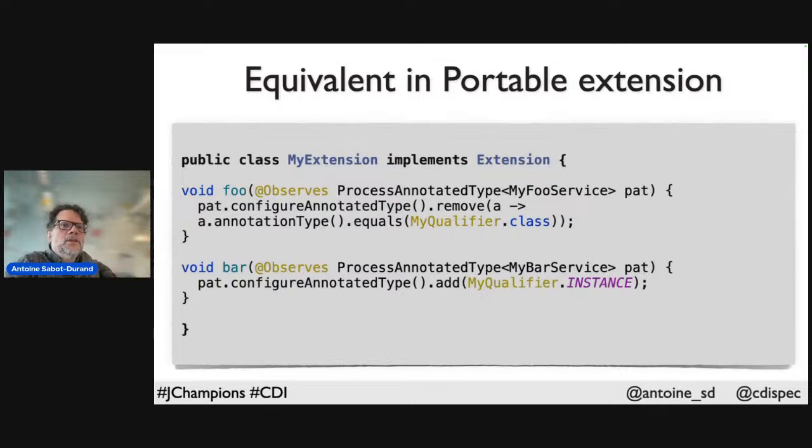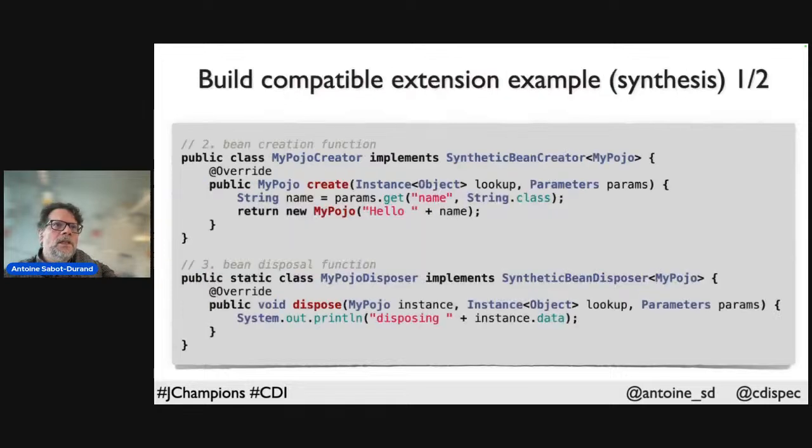And the same for the second example. You do an observer for the process annotated type of type myBarService, and you add the qualifier on it. So let's take a more interesting example: the addition of a new bean in your bean discovery.